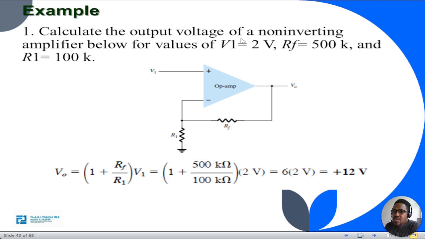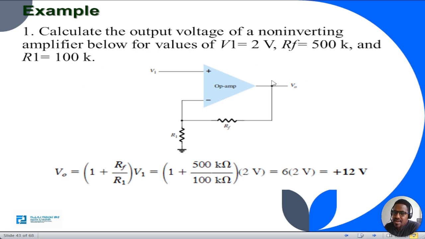Calculate the output voltage of the non-inverting amplifier below for V1 equal to 2 volts. Our V in is 2 volts, the feedback resistor is 500 kilo, and R1 is 100 kilo.